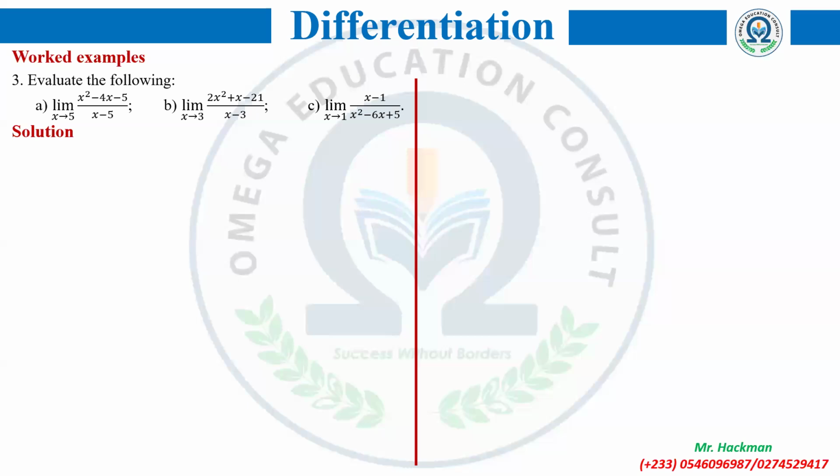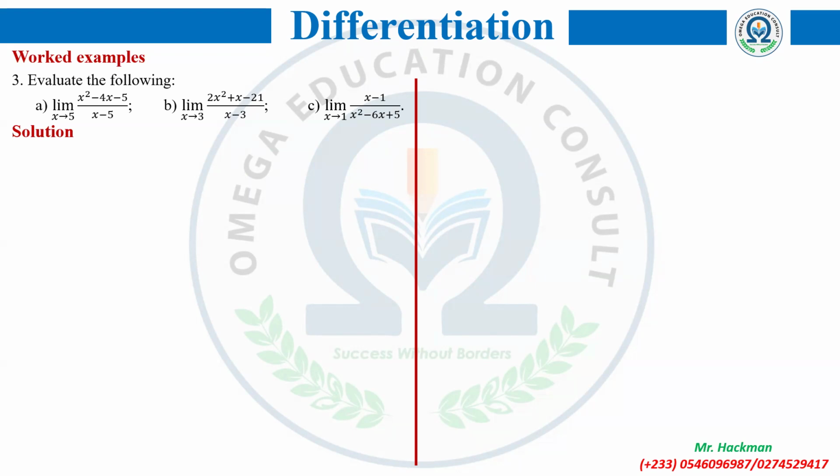The fact that direct substitution is not allowed doesn't mean the limit does not exist. It only means that a little work must be done before you can find the limit. We said the work basically will be manipulation, and we dealt with one aspect of manipulation, which was factorization.